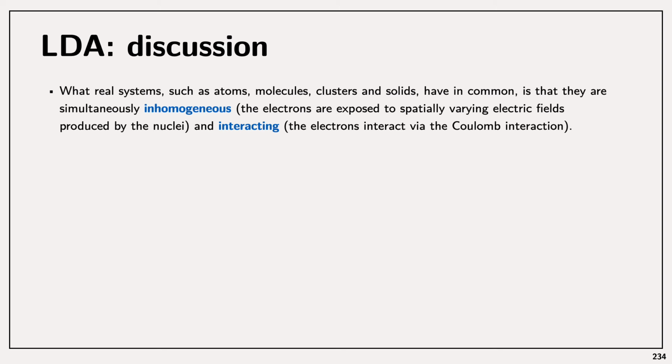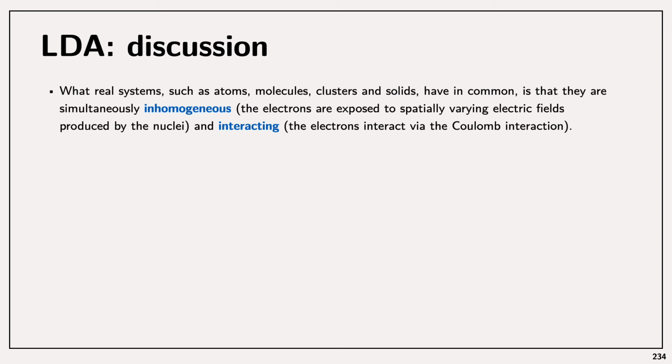Okay, so we know that when we look at system like solids or molecule or what have you, the system is interacting and is not homogeneous. And so in spite of that, we are able to use LDA to explain those things.